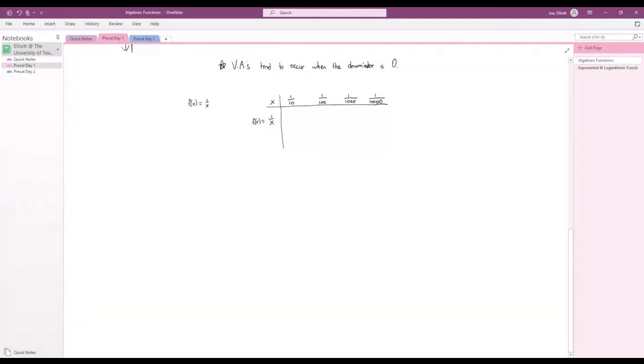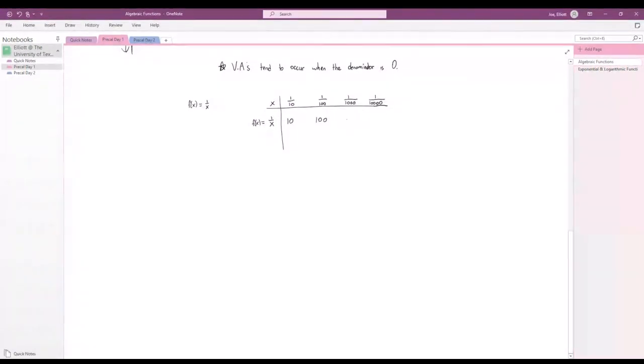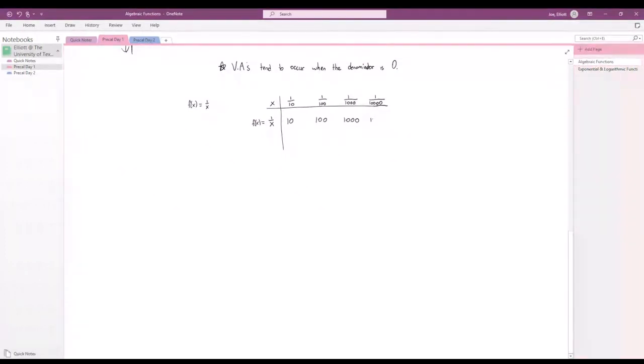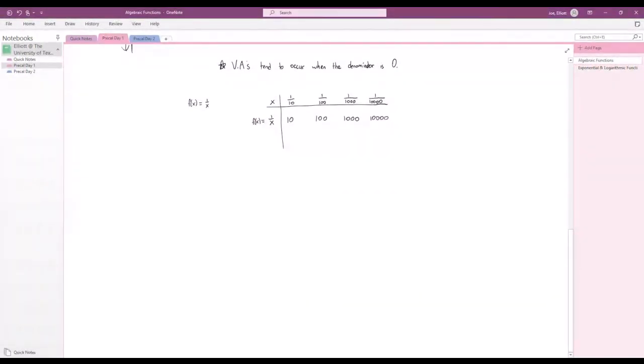So if you plug these values of x into our function, if x is 1 over 10, f of x would be 10, so it's just 1 over x, the reciprocal, and then so forth. So what's happening is our function is kind of blowing up in value as x is approaching 0. And here I'm looking at x approaching 0 from the right because I'm only looking at the positive values of x, at least in that table there.